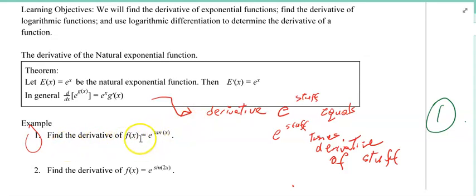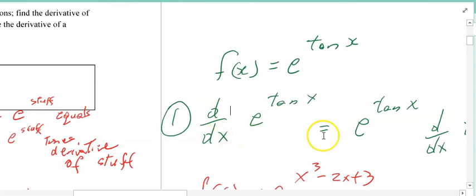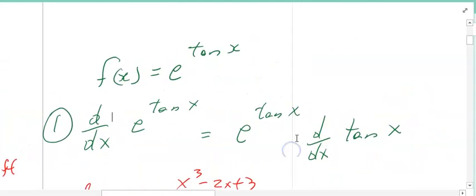Find the derivative of f of x equals e raised to the tan of x. d/dx of e to the tan of x. Again, if our stuff is tan of x, so e to the stuff is e to the tan of x, it is equal to e to the tan of x times the derivative of tan of x, right?